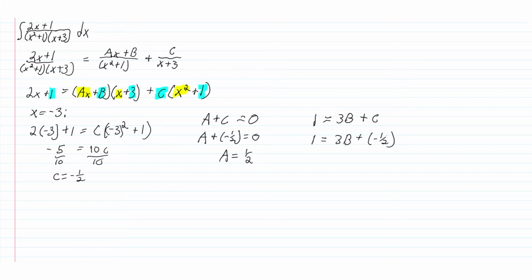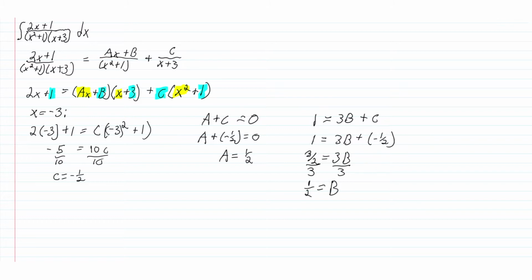So when we add that 1/2 over to the other side, we'll have 3/2 is equal to 3b. And then we divide by 3. So 1/3 of 3/2 is 1/2, and that'll be equal to b.